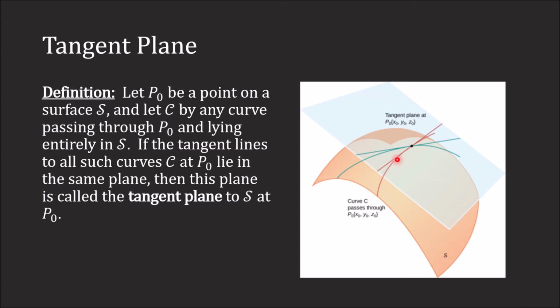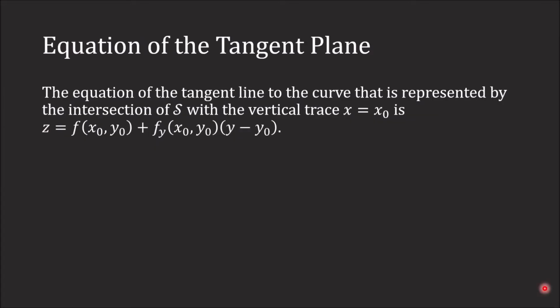So to find the equation of the tangent plane, it is represented by the intersection of S with the vertical trace x equals x naught. And this is represented by z equals f of x naught, y naught plus f sub y, and remember, this means the partial of f with respect to y at x naught, y naught times y minus y naught.